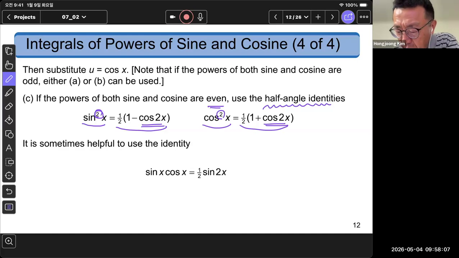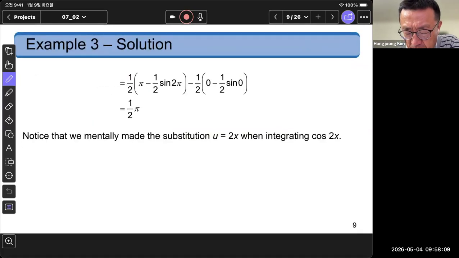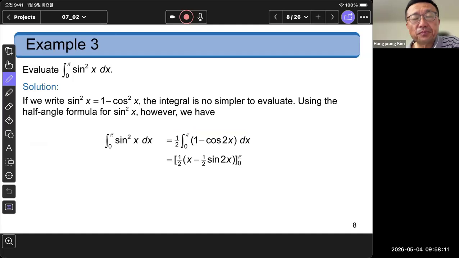So if I have a problem like this, sine x squared, then you need to apply the half angle formula. Sine x squared must be replaced by 1/2 of 1 minus cosine 2x. Well, then the problem is simple, right?